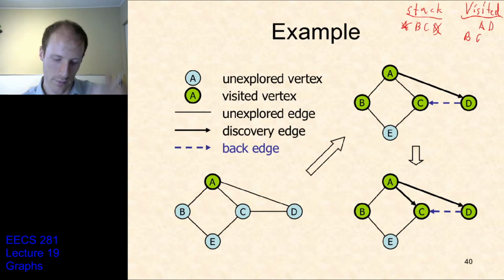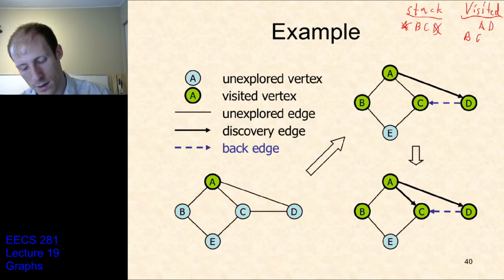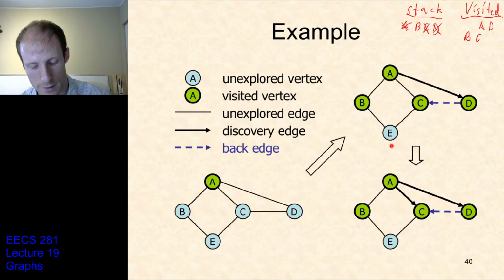So after visiting D, we don't push anything else into the stack. So now we go back to the top of the loop. C is now at the top of the stack, so we'll pop it and find its children. So its child is E, so we'll mark E as visited and put it into the stack.